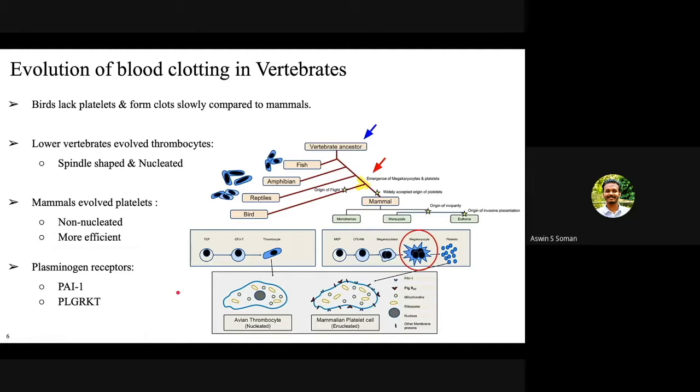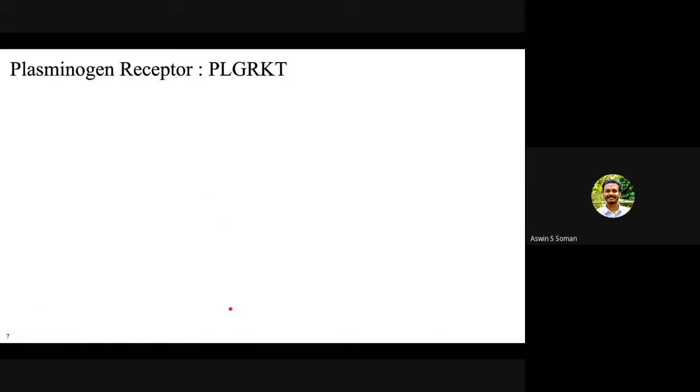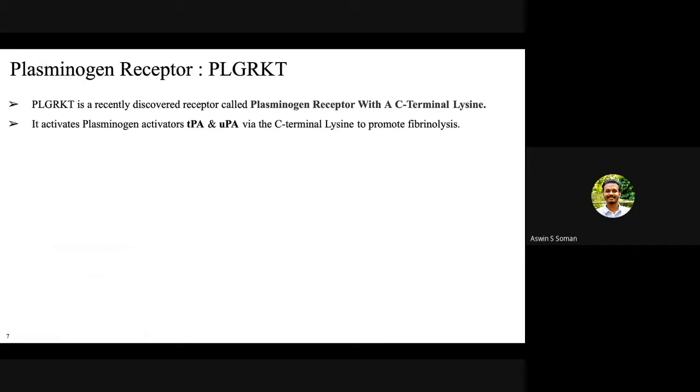Now, if you look at the PLGRKT, which is another plasminogen receptor on platelets, this PLGRKT is a recently discovered receptor called plasminogen receptor with a C-terminal lysine, and it activates plasminogen activators such as TPA and UPA via C-terminal lysine to promote fibrinolysis.